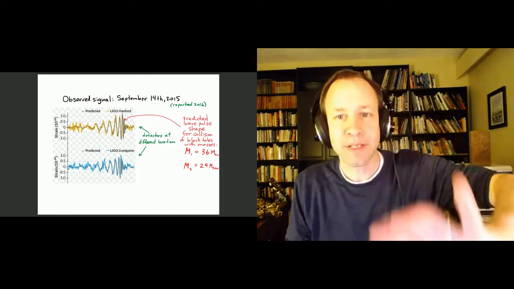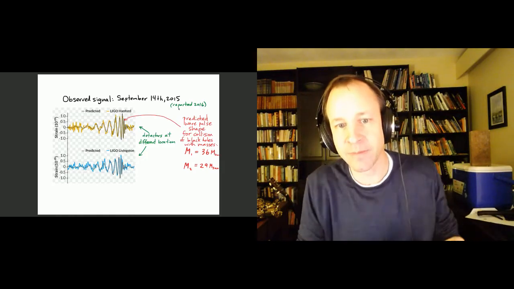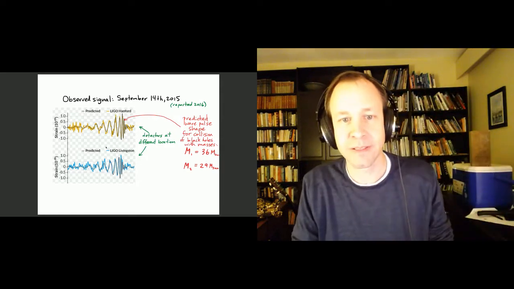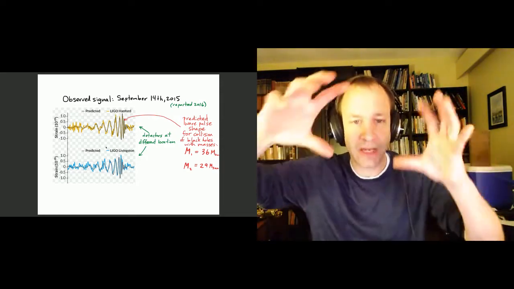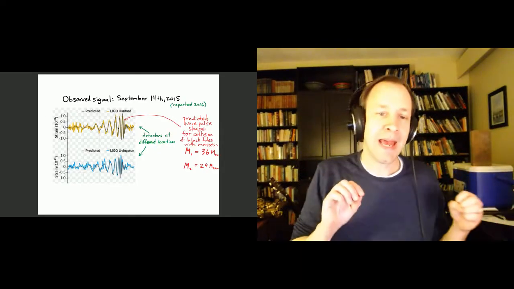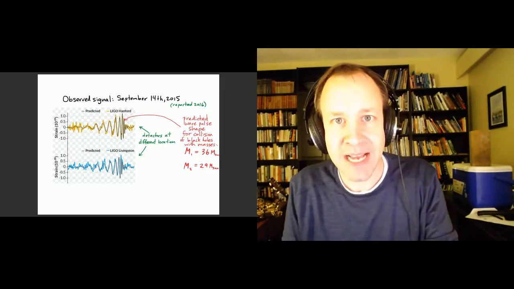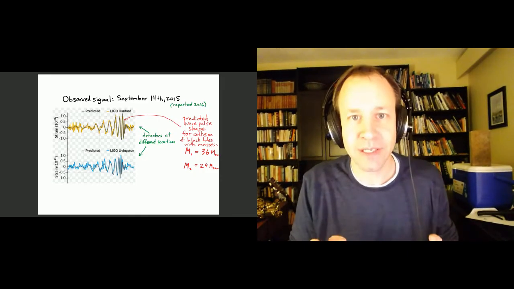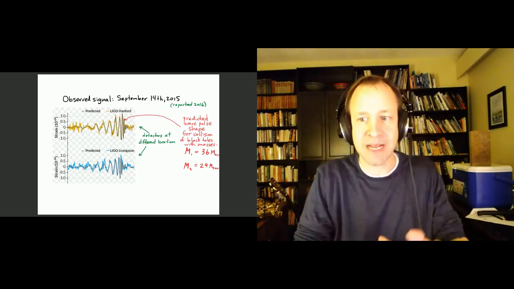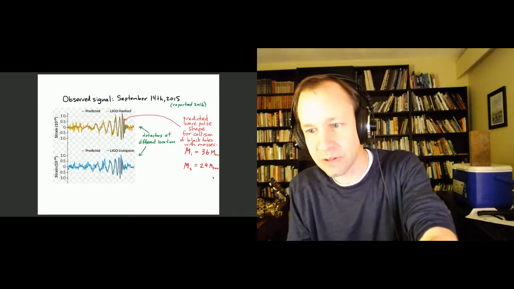And so what happened on September 14th, 2015 is that this tiny signal was detected at both interferometers with the same exact wave shape. So this is like a wave pulse with this shape. And it was exactly or almost exactly matching the theoretical predictions of the wave shape that you would get if a 36 solar mass black hole collided and merged with a 29 solar mass black hole.